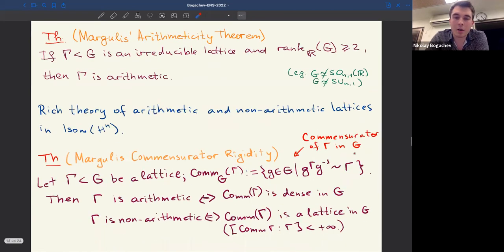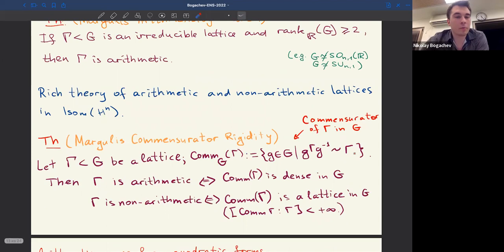And this gives rise to a very rich theory of arithmetic and non-arithmetic lattices in hyperbolic spaces. One more also very important theorem, also proved by Margulis, is Margulis commensurator rigidity. It states that if gamma is a lattice, then we can consider its commensurator in the Lie group G. It consists of all such g that the conjugation of gamma by g is commensurable with gamma.